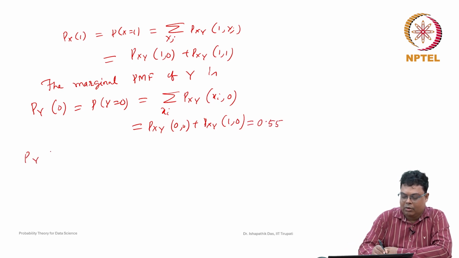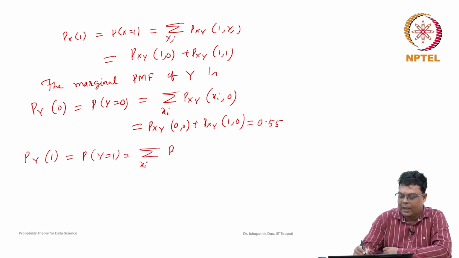Similarly, we can find p_Y of 1. This is the second column sum, the summation over x_i of p_XY of (x_i, 1). So this is p_XY of (0,1) plus p_XY of (1,1).